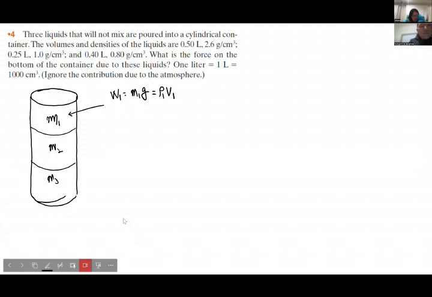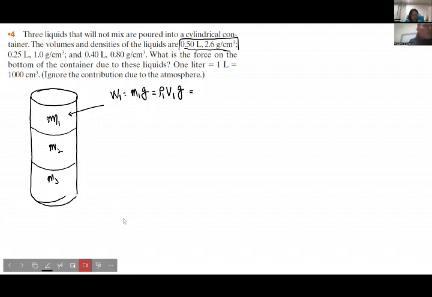So M1 is the same as density times volume. This is pretty straightforward. For the first liquid, 0.5 liter is the volume, and 2.6 gram per cubic centimeter is the density.